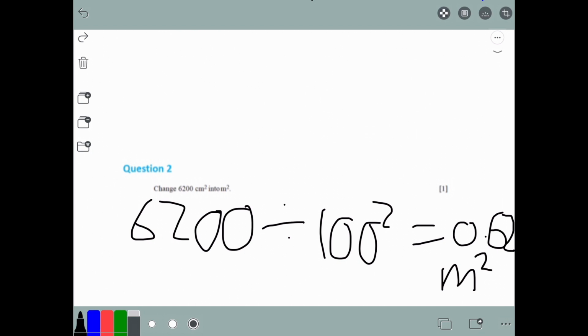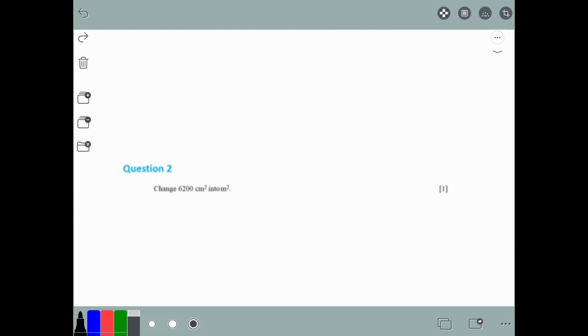To understand the question, let's take an area of 6,200 centimeters squared. For example, a 62 by 100 centimeter rectangle.